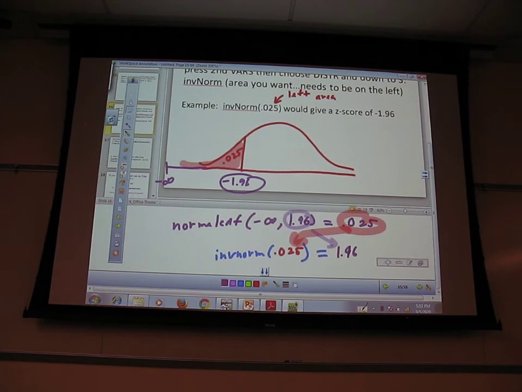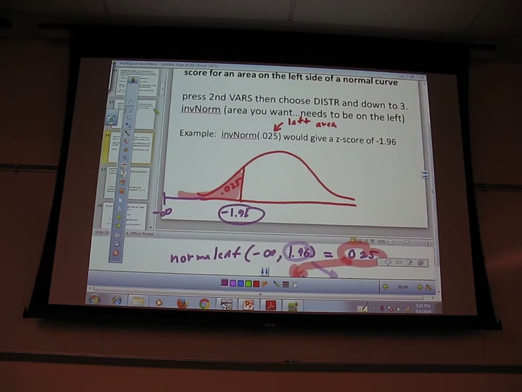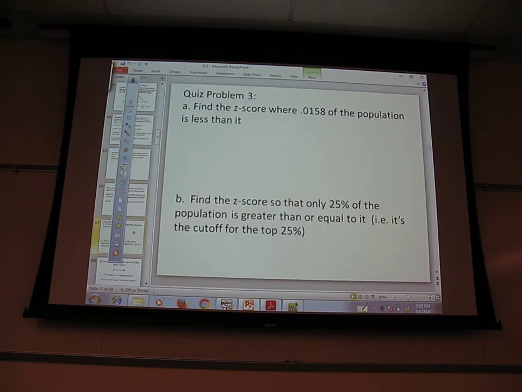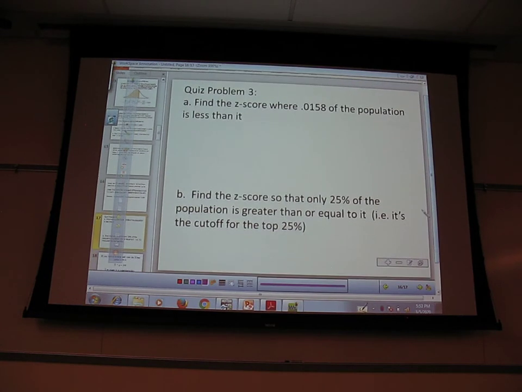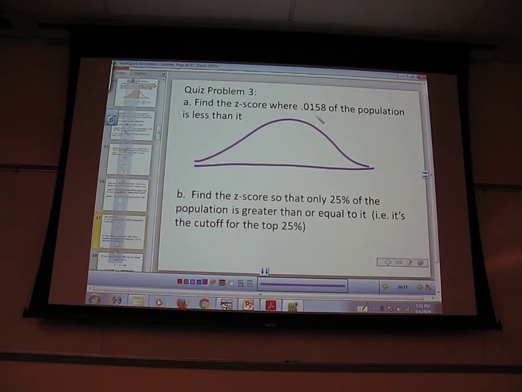All right. So let's move on. Here's your quiz problem 3. Find the z-score where this percent of the population is less than it. So 0.0158 is on the less than side. Is that the left or the right?